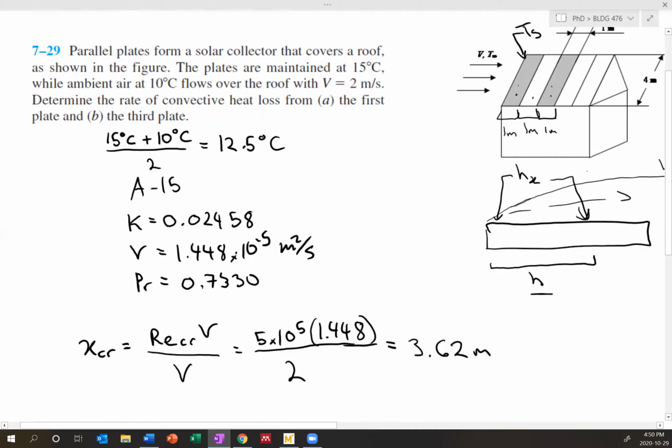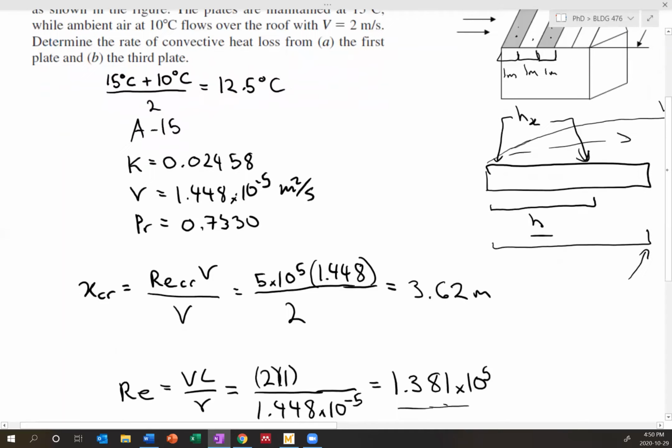But actually that equation is built with the intention that if you use your x as 1 meter and you look over the whole length, and you find your Reynolds number there, then you are going to end up with an average h for this whole length. Okay, perfect.